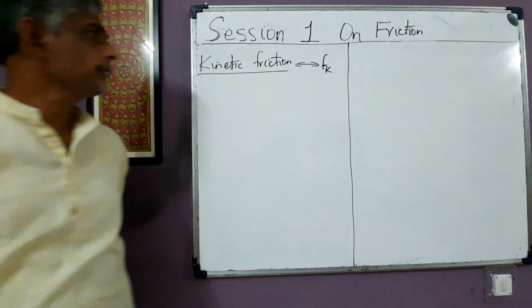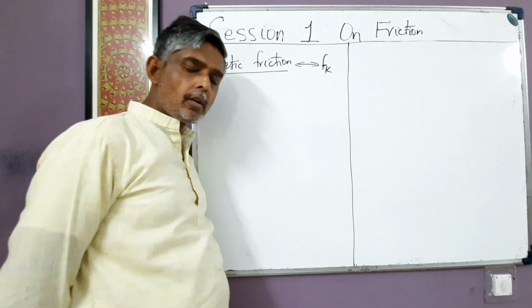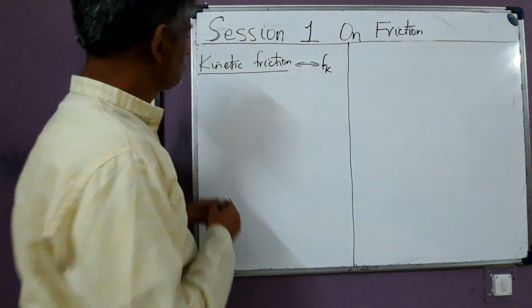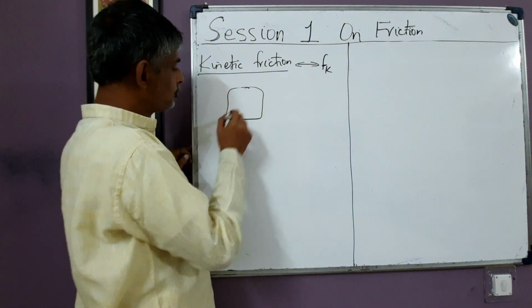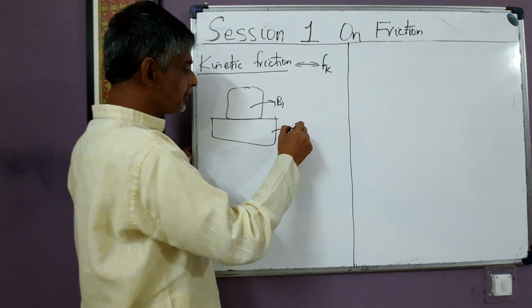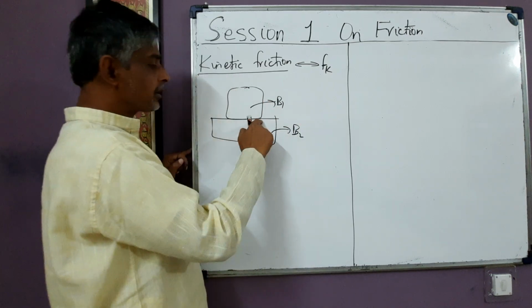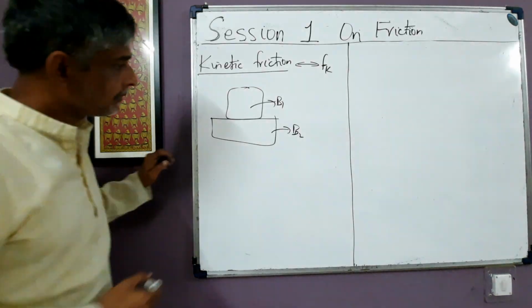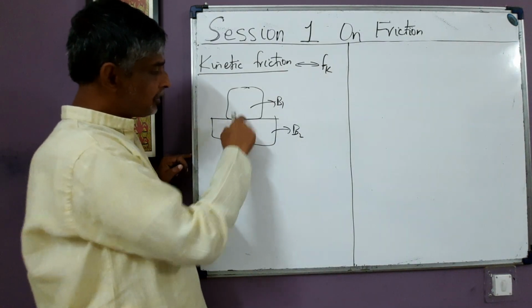Now, how do you define kinetic friction? Kinetic friction is defined in this way. Suppose we are given two solid bodies in contact, solid body B1 and solid body B2. They are in mutual contact here. This is the contact surface where the two bodies meet each other.